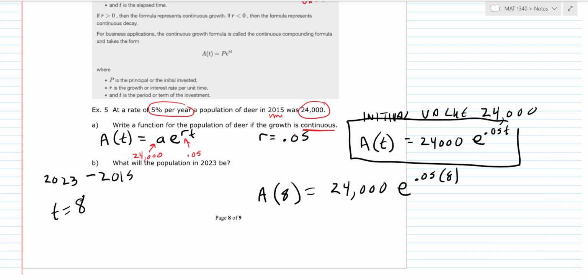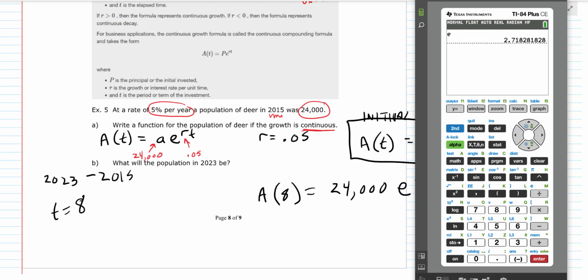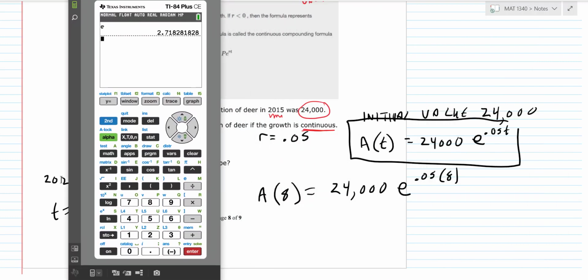Okay. So if you want to go ahead and take 0.05 times 8, you can do that too if you want to. So what you want to do on your calculator is when you're working with e, look at your first column and look at the ln button. Above that ln button, it'll say e to the x.